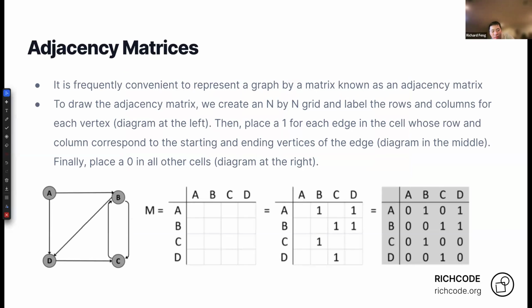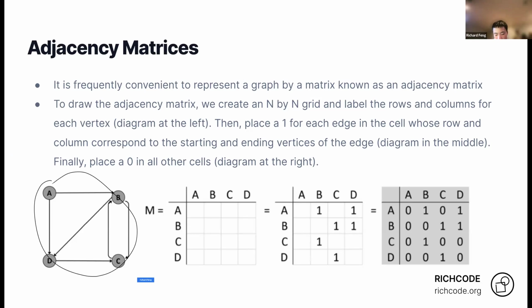So adjacency matrices are another way of representing a graph. And to draw an adjacency matrix, we can create an n by n grid and label the rows and columns for each vertex. So on the left here, we have a diagram of the graph.